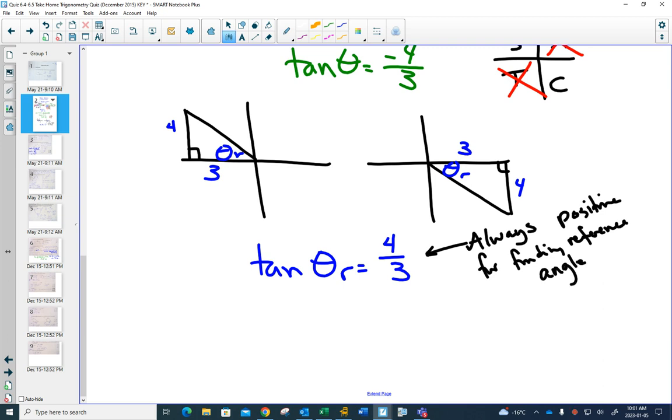So if I'm finding my reference angle, that 4/3, I ignore the negative, it's going to be positive 4/3, and then I can go to my calculator and I can go tan inverse of 4 divided by 3, and I get 53.1 degrees.